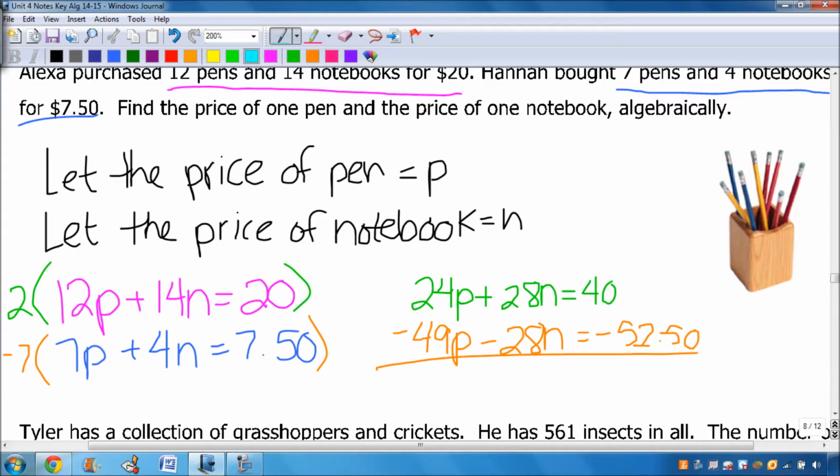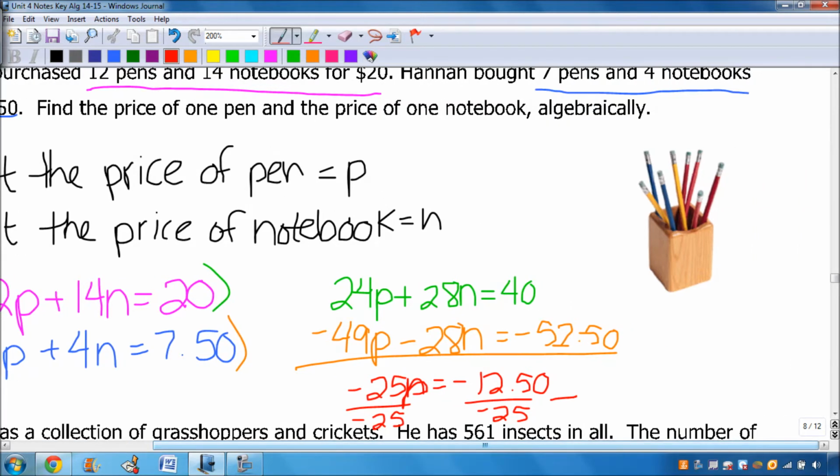And when I add my equations together, I end up getting negative 25p equals negative $12.50. The n's cancel each other out. Divide both sides by negative 25, which means that p is equal to 50 cents.